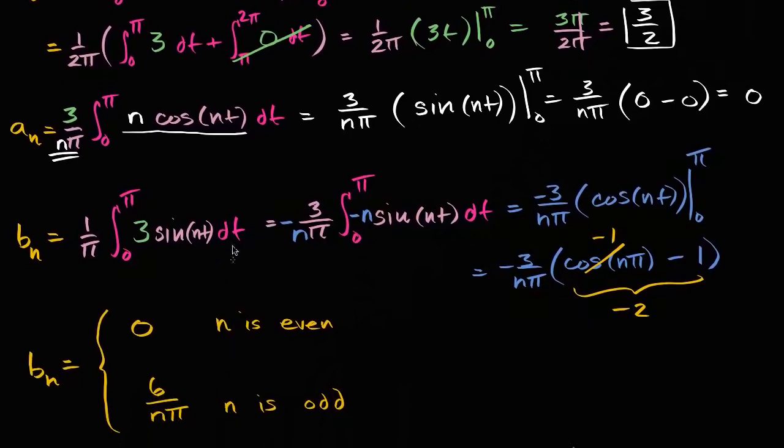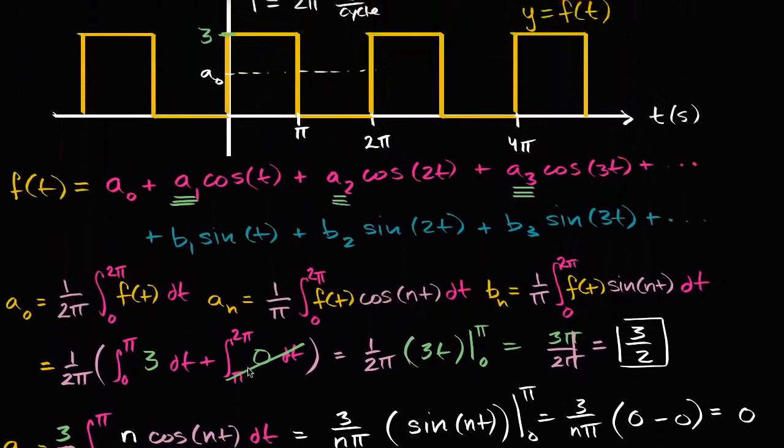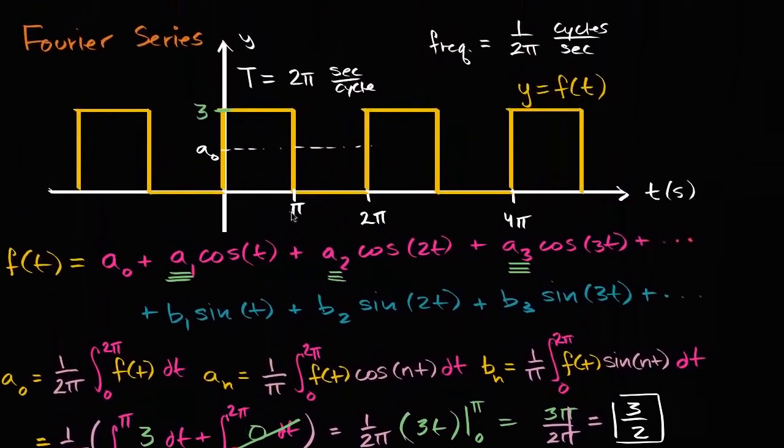And if you think about it just visually, if you look at the square wave, it makes sense that you're going to have the sines and not the cosines, because a sine function is going to look something like this, while a cosine function looks something like that.